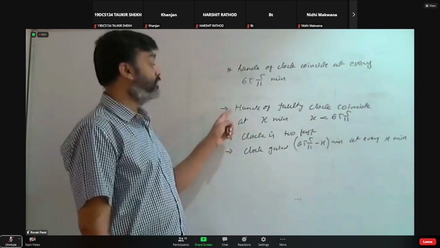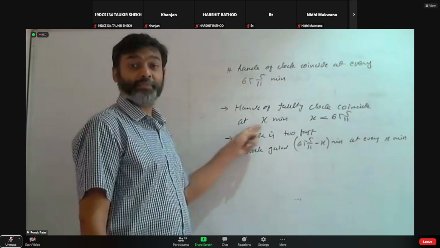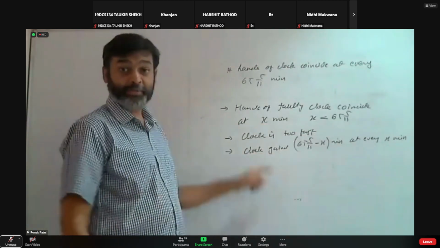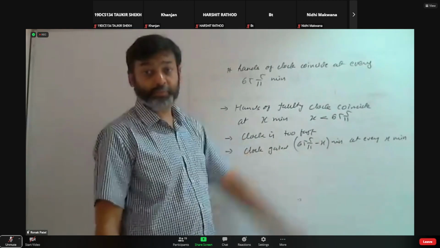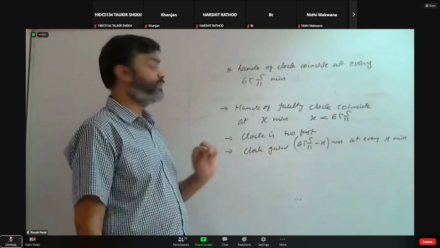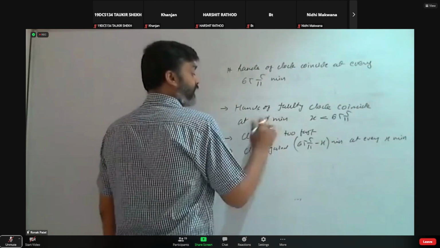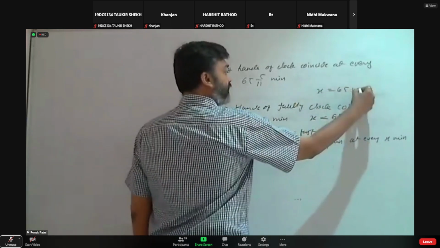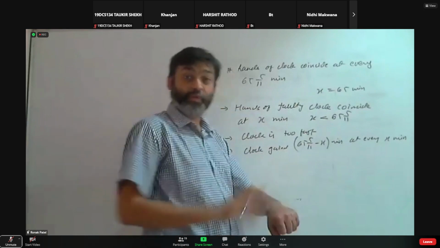right? So faulty clock sums are there. This is the actual timing. If it is x minutes where x is less than 65 5/11, then it is too fast, first conclusion, and this theory is useful. Why is this theory useful? Suppose I continue with the previous problem, where the hands coincide, and instead of x I take 65. So what is the time shown by the faulty clock?